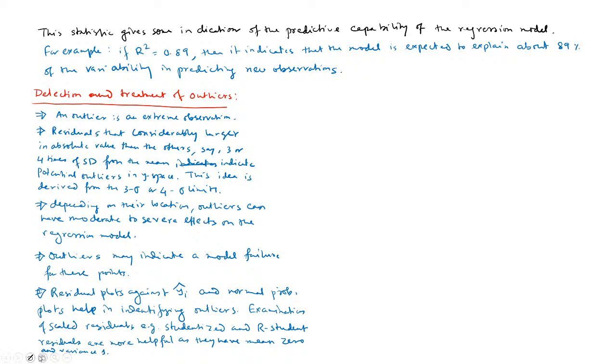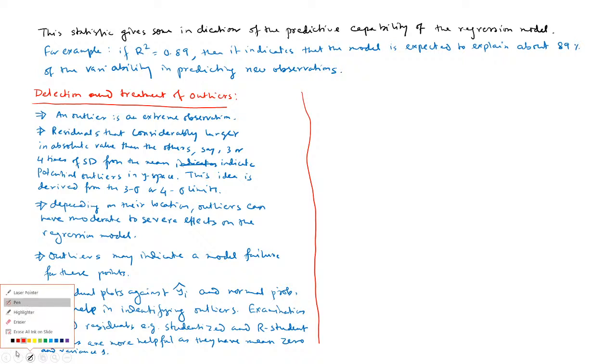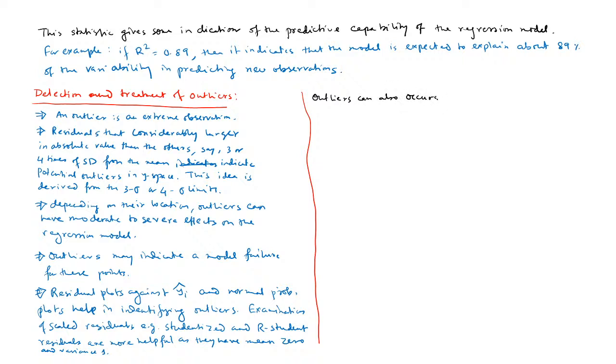Outliers can also occur in the explanatory variable, in X space.